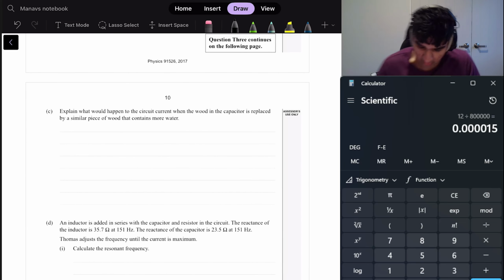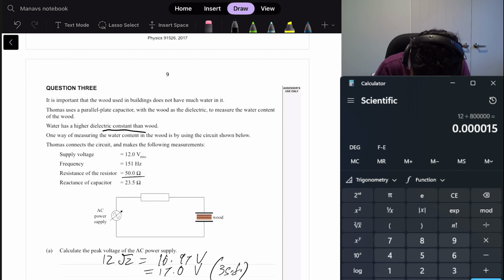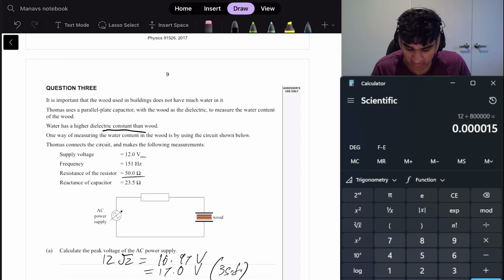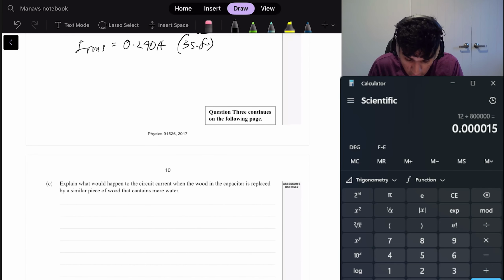Then what would happen to the circuit current when the wood in the capacitor is replaced by a similar piece of wood that contains more water? So if we read up here, water has a high dielectric constant.